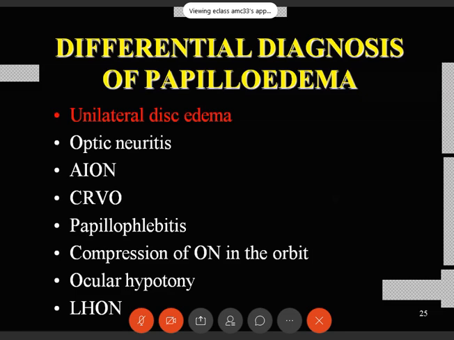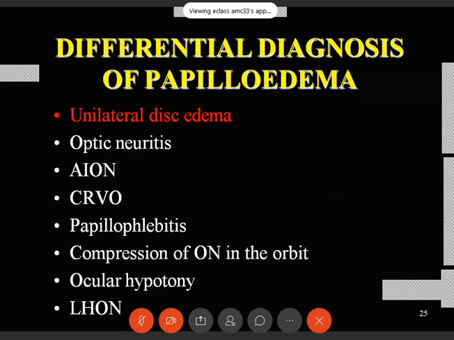Differential diagnosis of unilateral disc edema. It is not papilledema. Other causes: optic neuritis, AION, anterior ischemic optic neuropathy, CRVO, periphlebitis, papillophlebitis, compression of the optic nerve in the optic disc or the orbit, ocular hypotony, LHON.